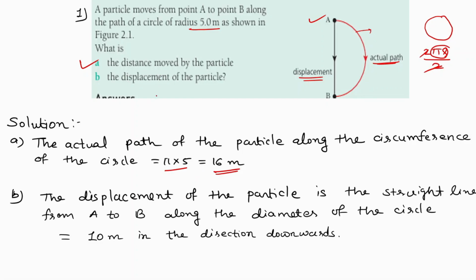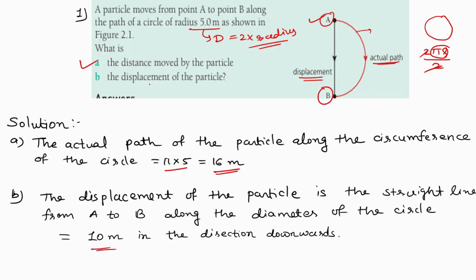Now, for the displacement, we have to be concerned only about point A and point B. So what is the shortest distance between these two points? It is along the diameter. You know the diameter is given by twice the radius, which means 2 into 5, that is 10 meter.